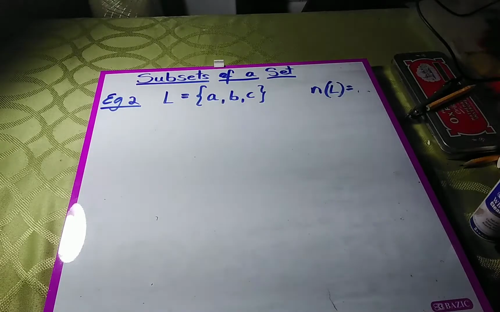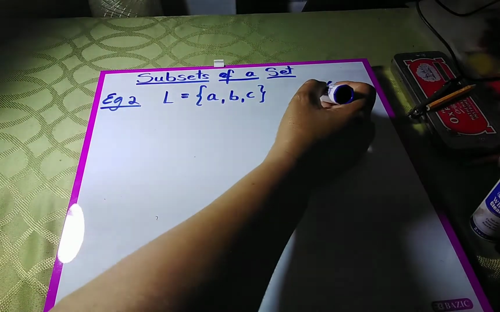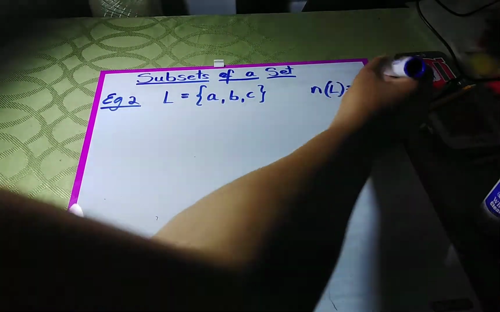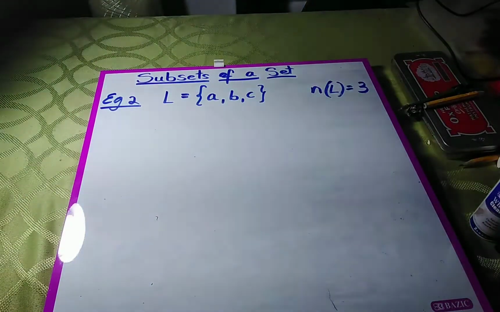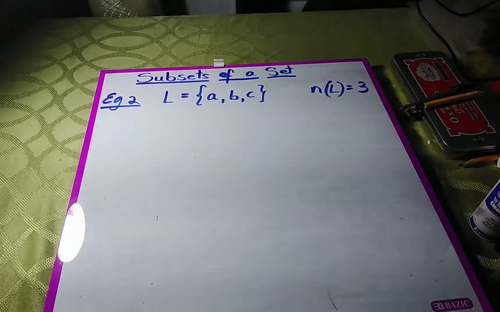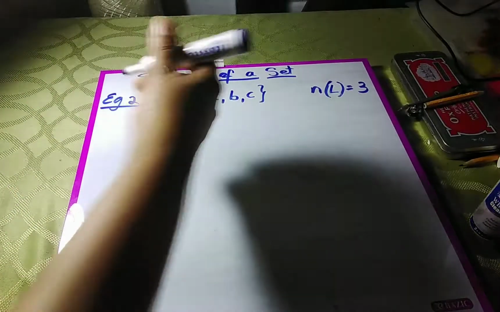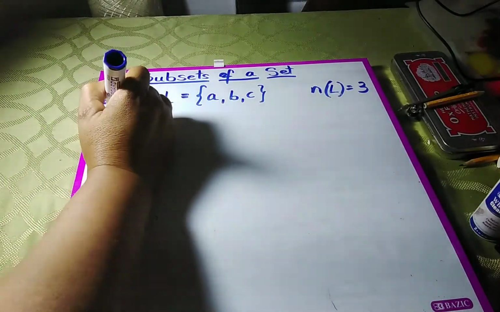Let's try this other example. Let's say L is a set of 3 letters of the alphabet, A, B, and C. So right away, we know that the number of elements in set L is 3. As I said before, in listing the subsets of a set, just list the null set and the set itself first, so we don't forget.